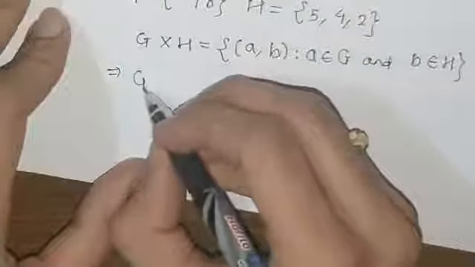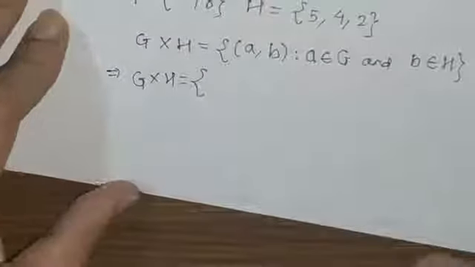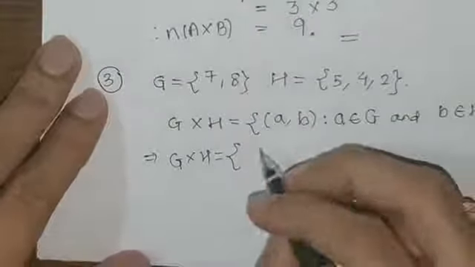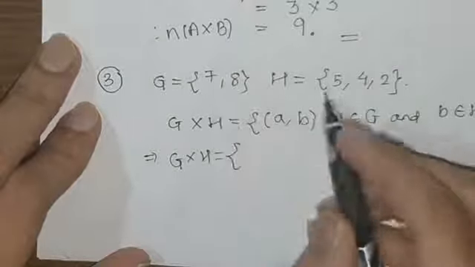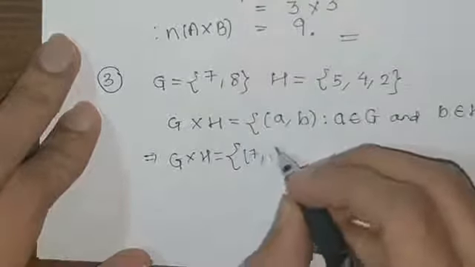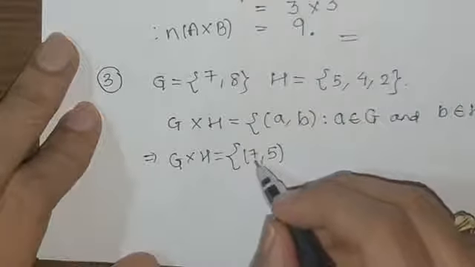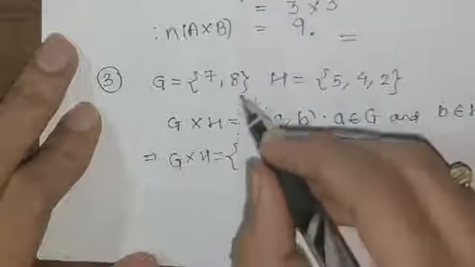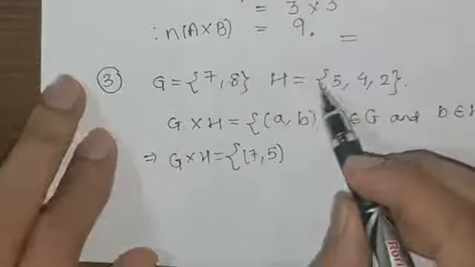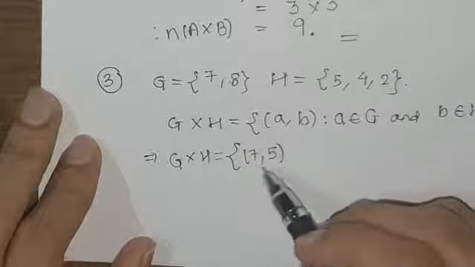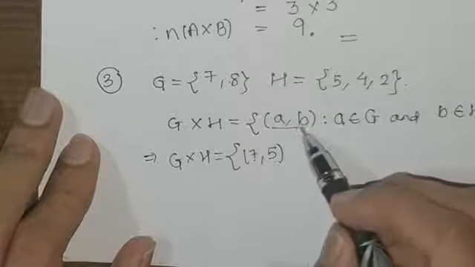So G cross H will be equal to the set of elements (7, 5). Here you see that the 7 is from the set G and 5 is from the set H. Like that, you have to take all the elements of this type.